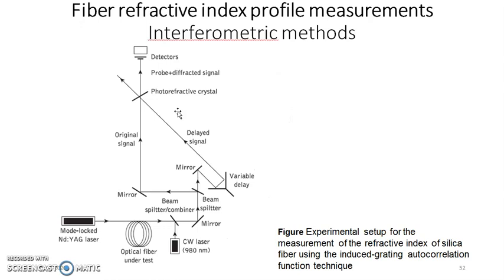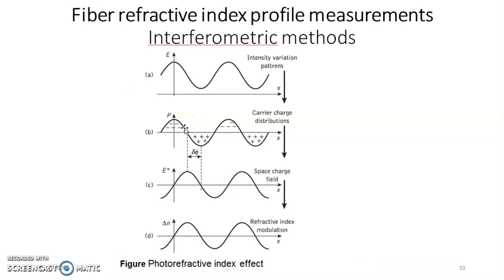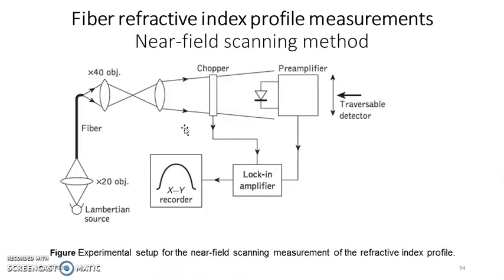Here we have an optical fiber, then a beam splitter, then different mirrors, and then different delays: the original signal and a delayed signal, which occurs because of the intensity variation patterns of the given signal. When the signal and the delayed signal are the same, the distributions will be different. So based on this delayed signal, we can find the refractive index using this method.